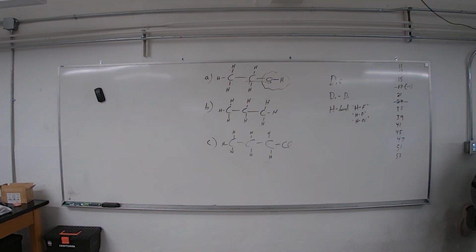31, 35. This one, 35, what is the relationship between intermolecular forces in a liquid and its vapor pressure? It's simply stated like this: the stronger the intermolecular force, the lower the vapor pressure.